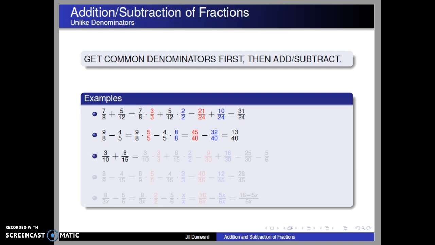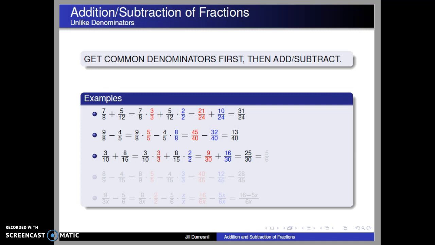Let's add 3 over 10 and 8 over 15. The least common multiple of 10 and 15 is 30, so to get a common denominator of 30, we're going to multiply 3/10 by 3 over 3 and 8/15 by 2 over 2. Performing the fraction multiplication, we get 9 over 30 plus 16 over 30.